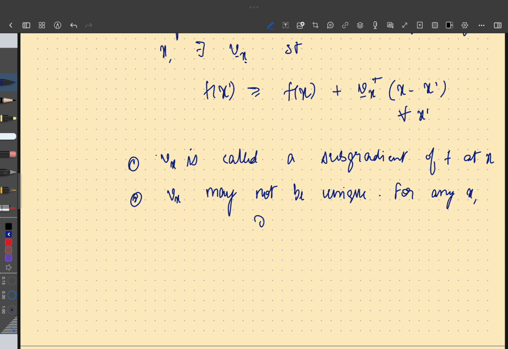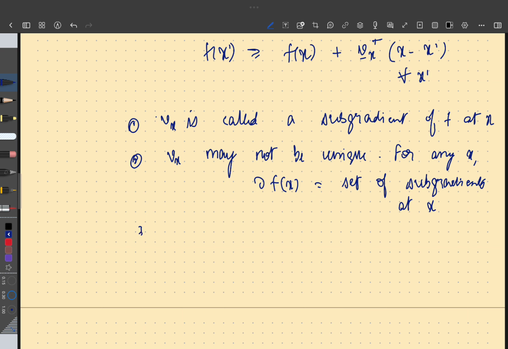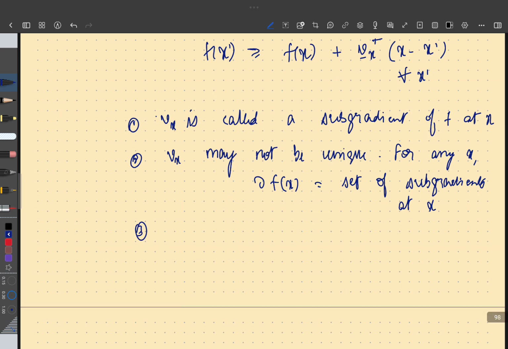So for any x, this is the set of subgradients at x. In particular, the subgradient is unique only if the function is differentiable at that particular point.